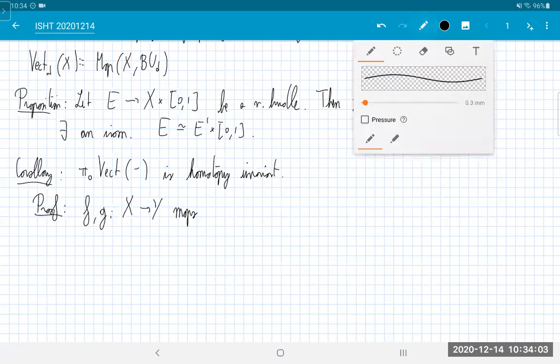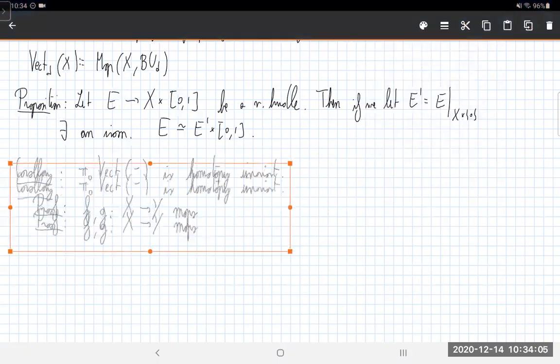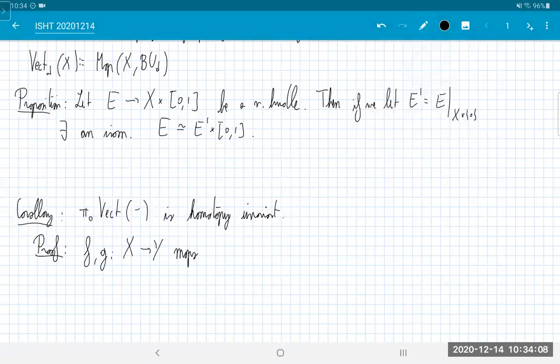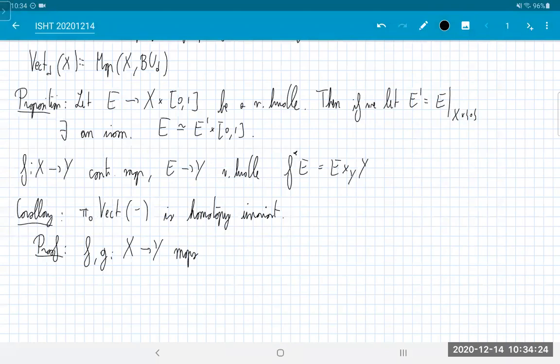So actually before that, let me say, if I have f from X to Y a continuous map and E to Y a vector bundle, f upper star E, which is just E times over Y of X, the pullback, is a vector bundle, with the obvious choices of S and nu.